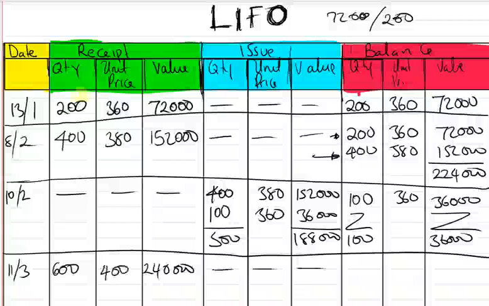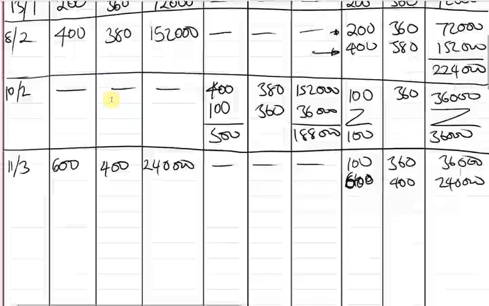That means the balance now is going to be 100 units at 36,000, then 600 units at 400, which is 240,000. When you add them up, you find 276,000, and here you find 700 boxes. You can close out that one.